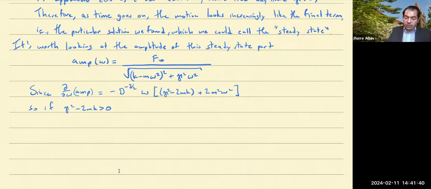So we see that this curve has a global maximum at omega equal to 0, and decreases as mod omega increases.